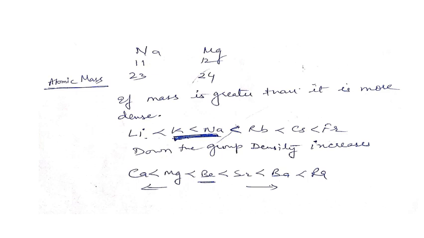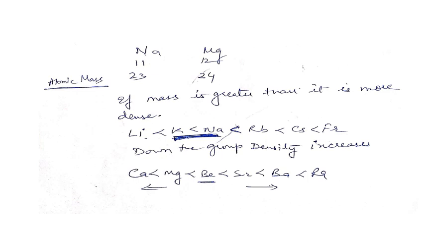The atomic mass of sodium is 23 and of magnesium 24, so the mass of magnesium is greater. Density is directly proportional to mass, so when mass is greater, density is greater.